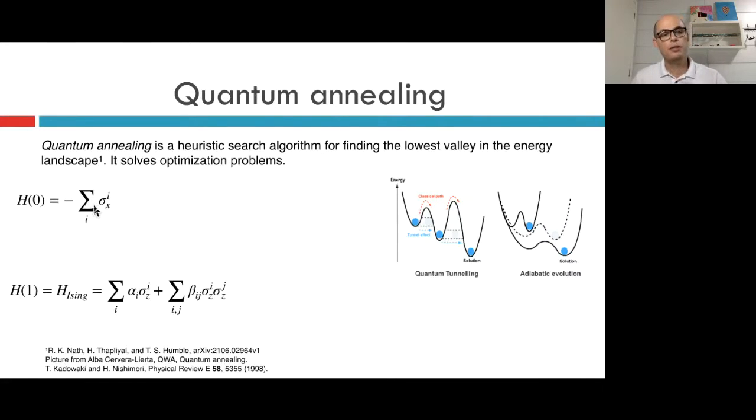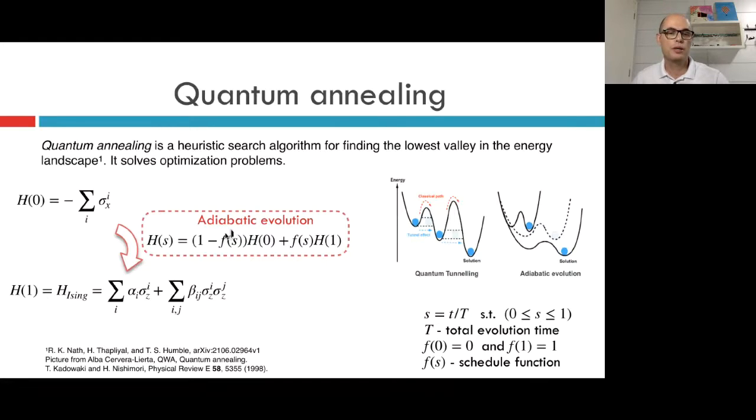The basic idea is to start from the ground state of an easy to prepare Hamiltonian, H0, that is a sum of Pauli matrices aligned along the x direction. And you evolve the system in such a way that there is no transition between the ground and the first excited state.